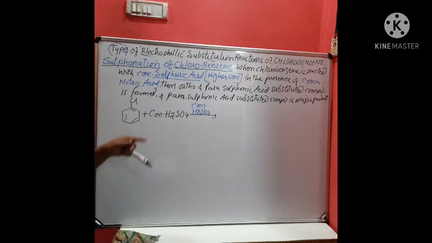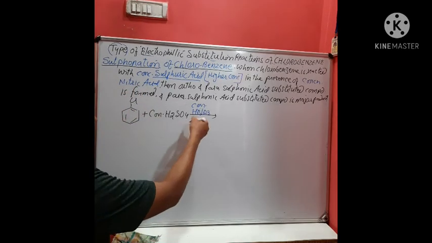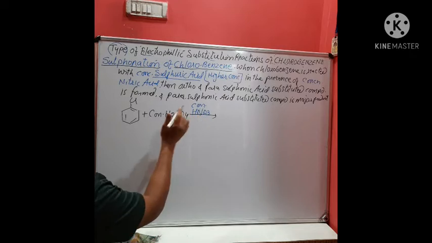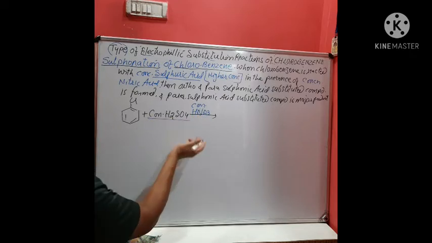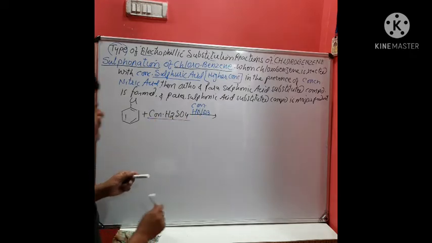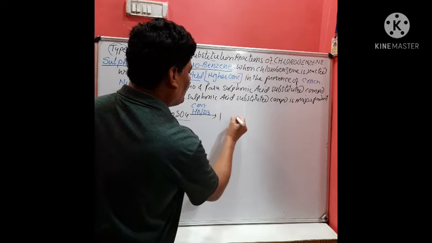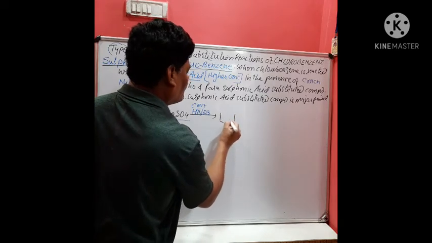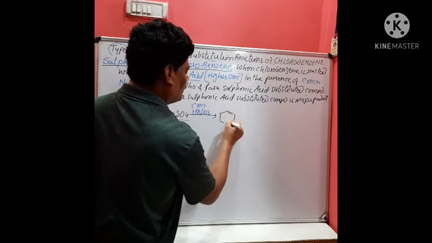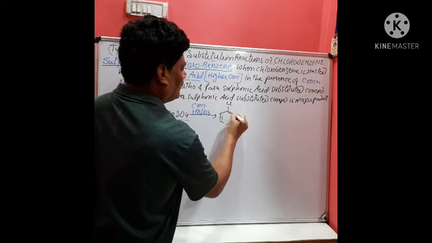Write it above the arrow mark, which shows it acts as the catalyst here, and the concentrated sulfuric acid acts as the reactant here. So now the two compounds will form, this one Cl, and this is what?